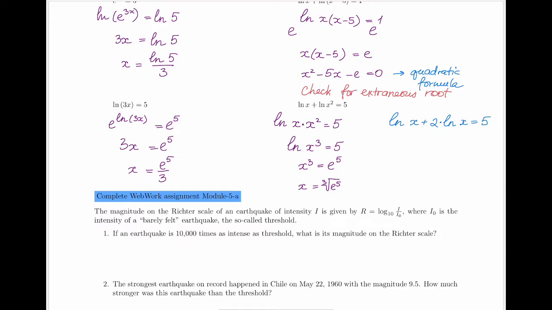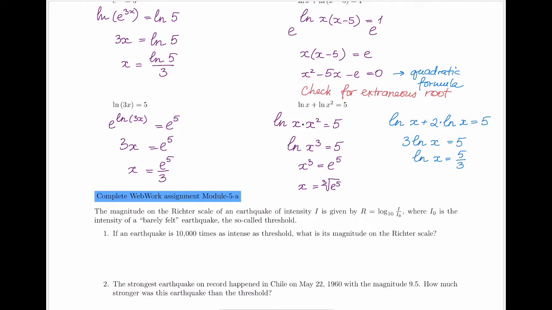And so now I can combine similar terms on the left here. I have a logarithm plus 2 of the logarithms. So it's like an apple plus 2 more apples is 3 apples in total. So I have 3 logarithms of x equals 5. I can of course now solve this expression for the ln. So it's going to be 5/3.